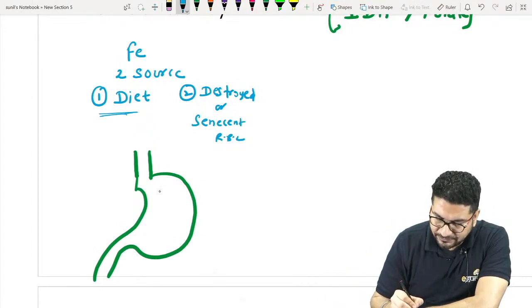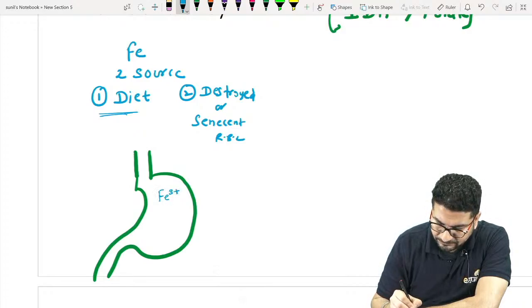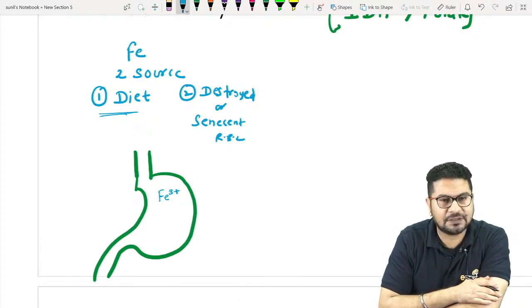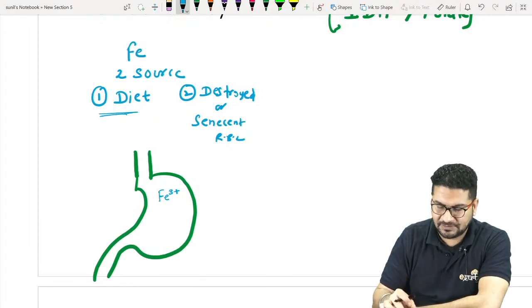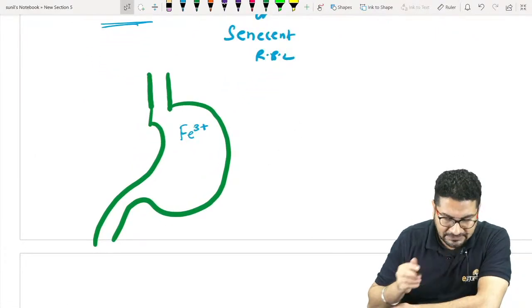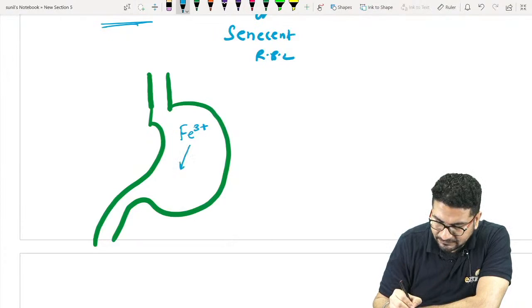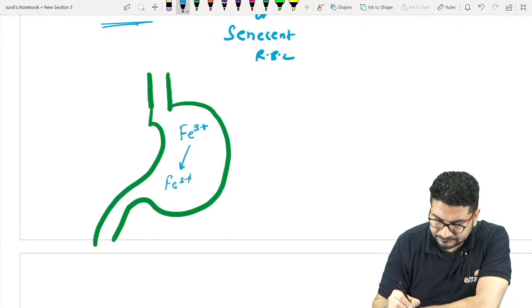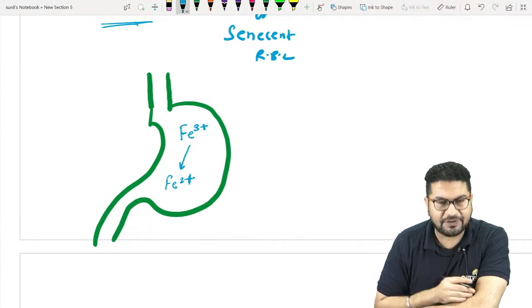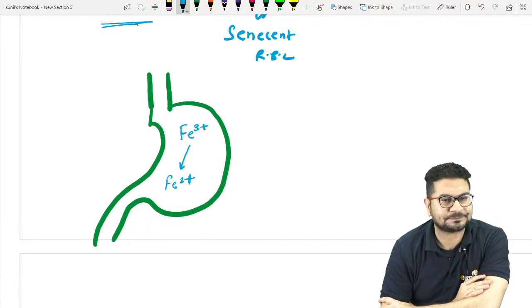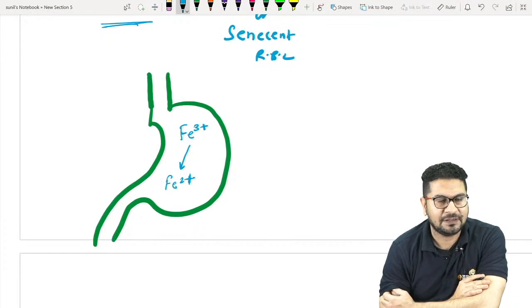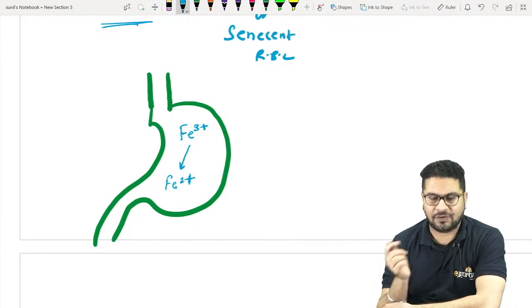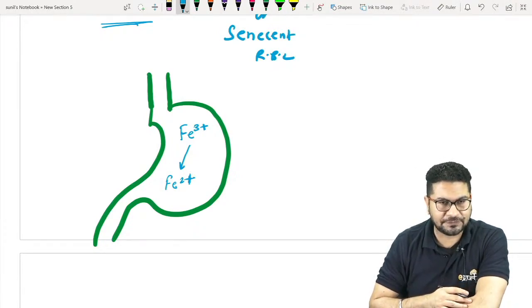In which form is this iron? It is in ferric form. Ferric form is called Fe3+. Then this Fe3+ will convert into ferrous form, Fe2+. In your stomach, the ferric form is converted into ferrous form.